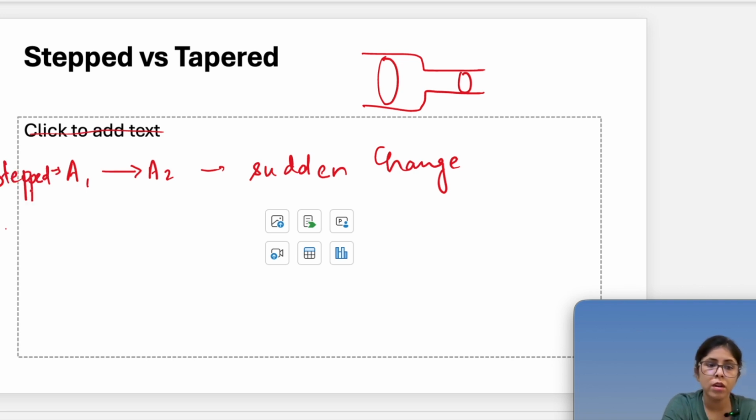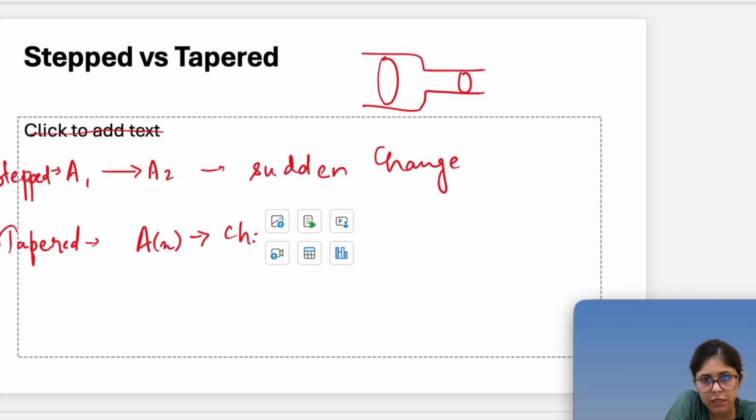But now we want to see tapered. Now we are moving towards the tapered bar. In tapered bars, we will see that area is a function of x and it's changing continuously. Right?